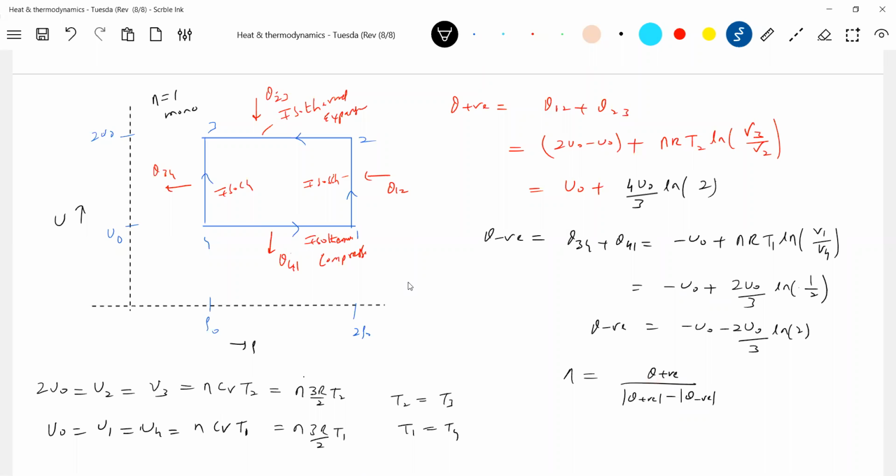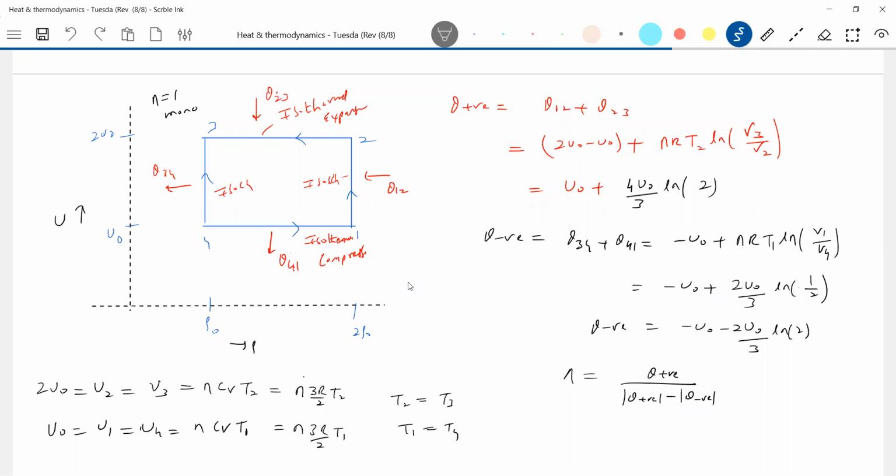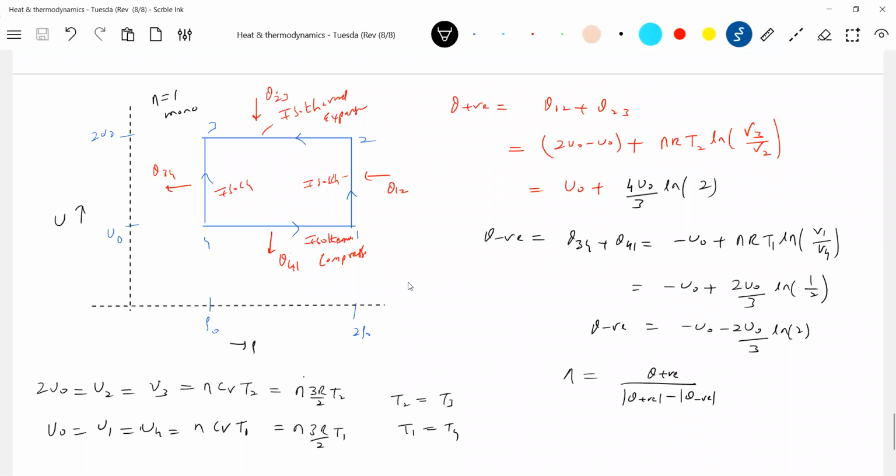Substituting this, we'll get the mod. Because again, negative of negative will become this one. So what will happen? Q positive by Q negative. Is the formula correct, or Q positive by Q negative by Q negative? Recollect efficiency first.